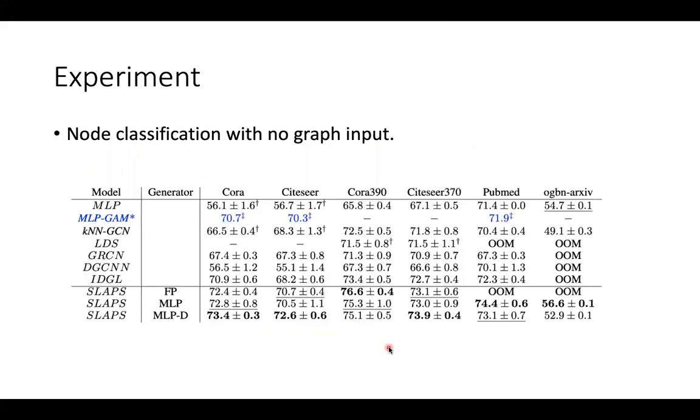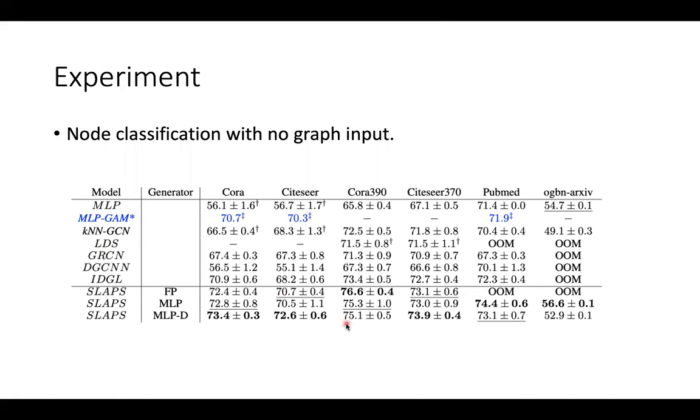And here are the results. These results are the node classification performance with no underlying graph input. They compared with a simple MLP-based method, and also the LDS one we just talked about in our first paper.